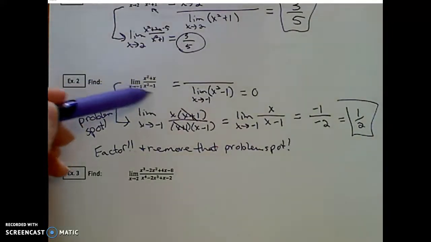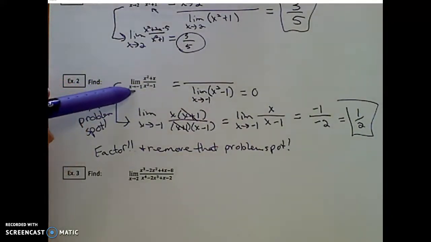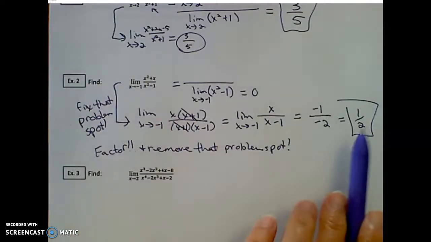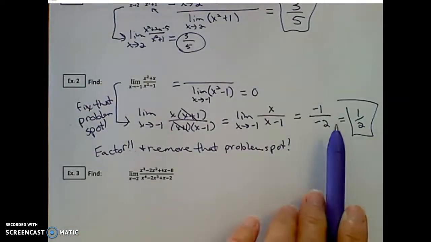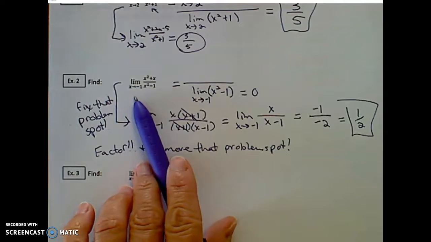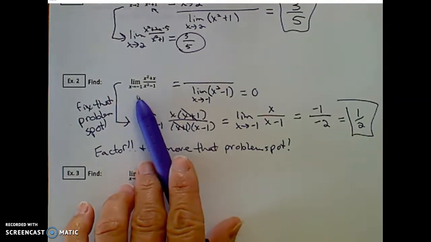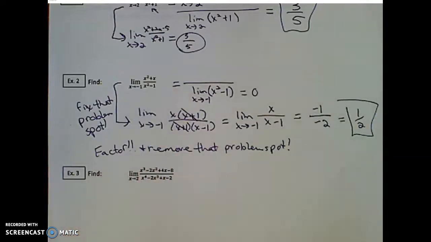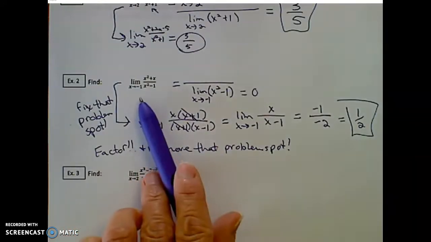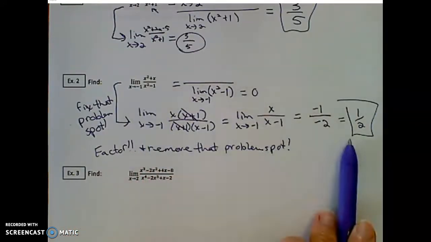This is a rational function. As x values approach -1, the function values are approaching 1/2. That function is undefined at -1, but that's okay. I don't want the function values when x is equal to -1. I want function values as x gets close to -1, and my function values are approaching 1/2.